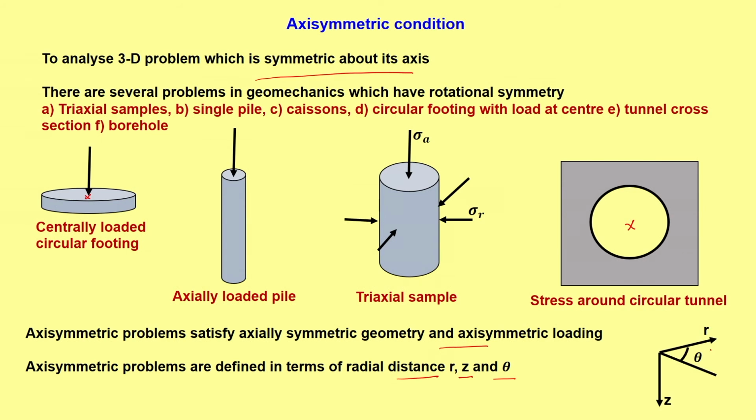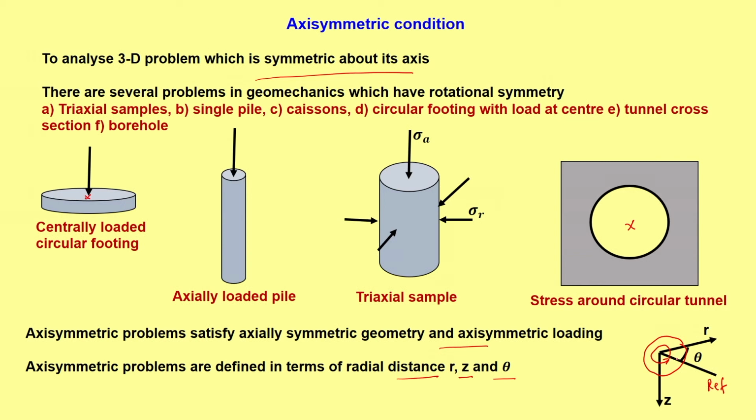So, here is the representation. Let us say this is the reference axis, this is the radial distance r and this is the vertical distance z. If you consider a cylinder like this, and this is the reference, you have theta beginning from here and going all around to 360 degrees.